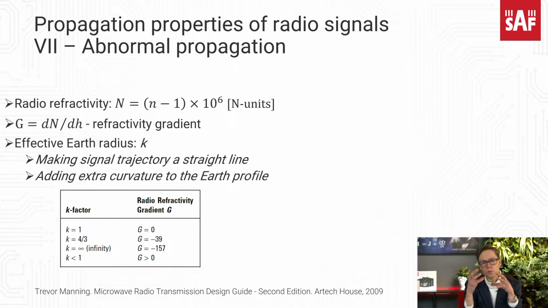But in order to maintain the relation between the signal trajectory and the Earth surface unchanged, we have to add some extra curvature to the Earth profile, right? If we make the signal trajectory straight, then the Earth, of course, is not flat, we all know this, so we add some extra curvature to this Earth profile.